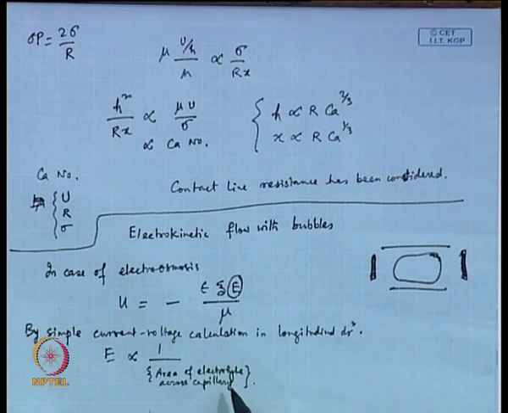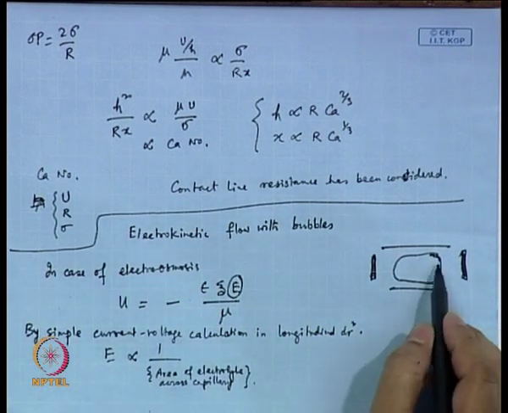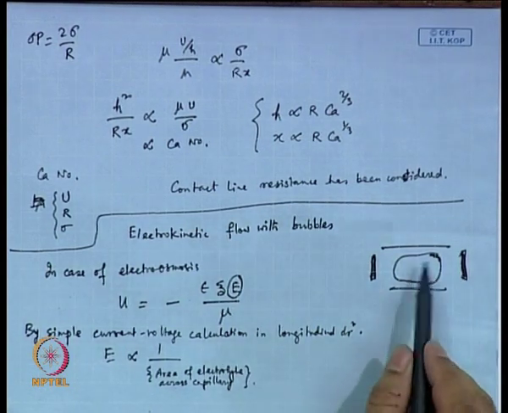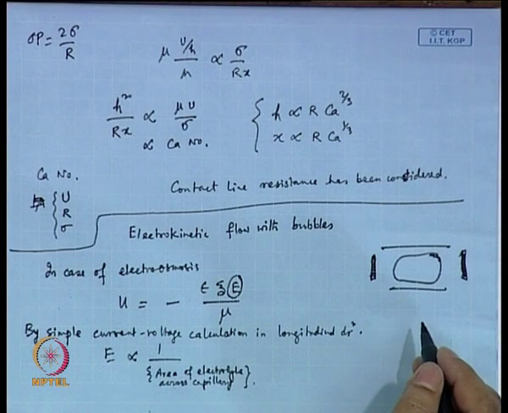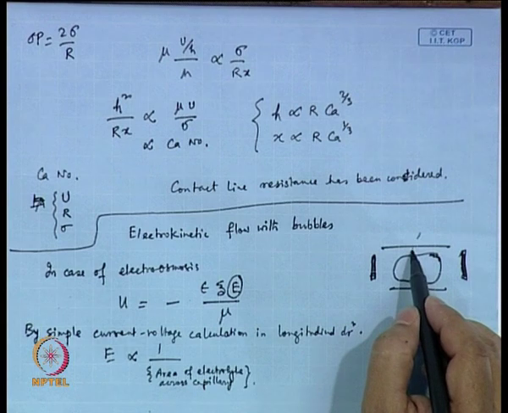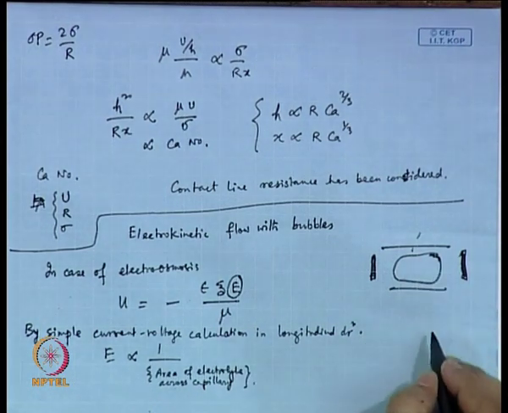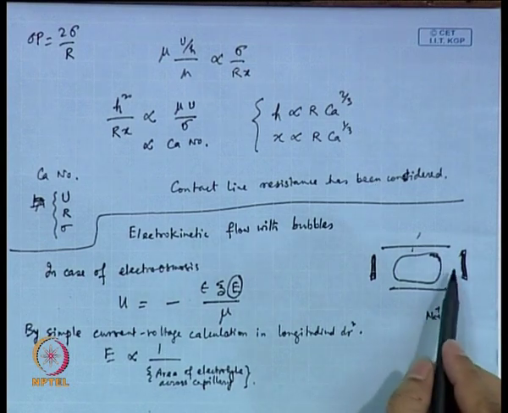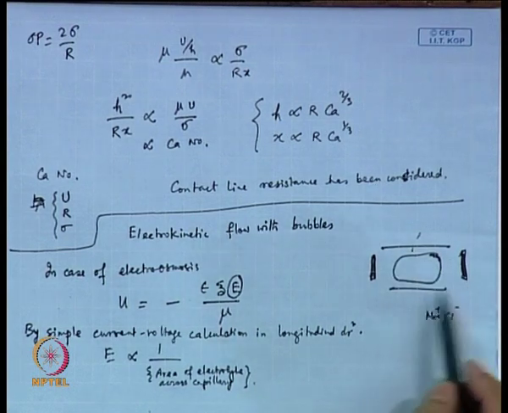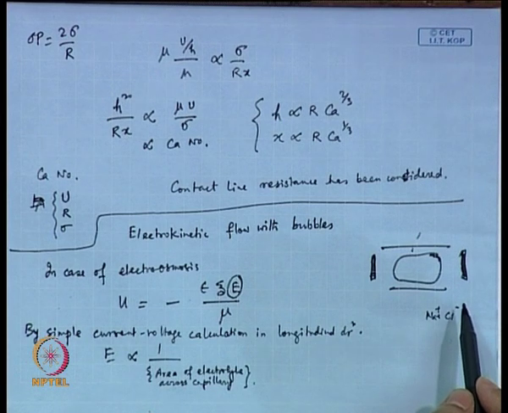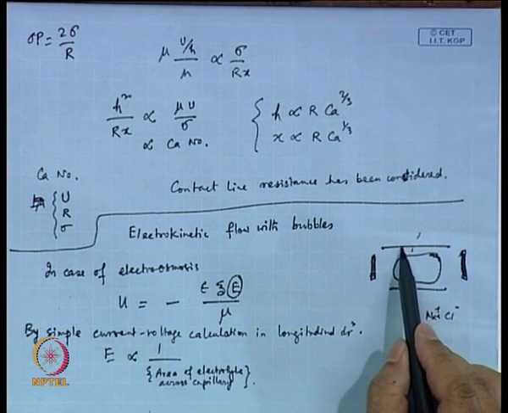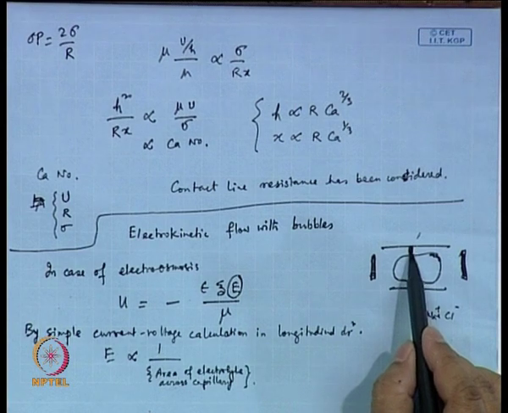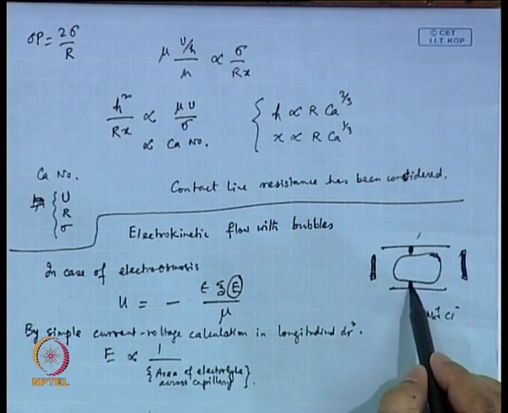I hope you can appreciate the fact that here you are applying voltage, but voltage means you are basically, for example, I have NaCl here. NaCl breaks down into Na plus and Cl minus, and these are the ions that would be responsible for movement. Now, here I am talking about this much cross section for the liquid and this much cross section for the liquid.